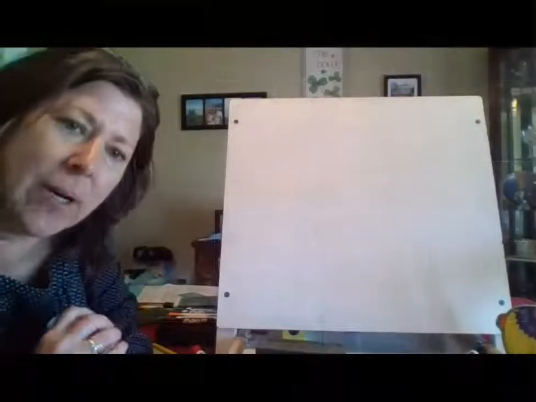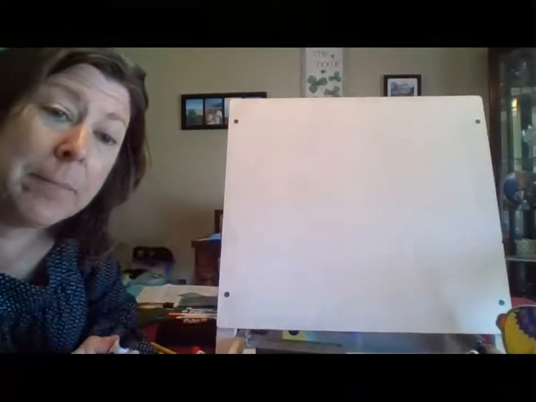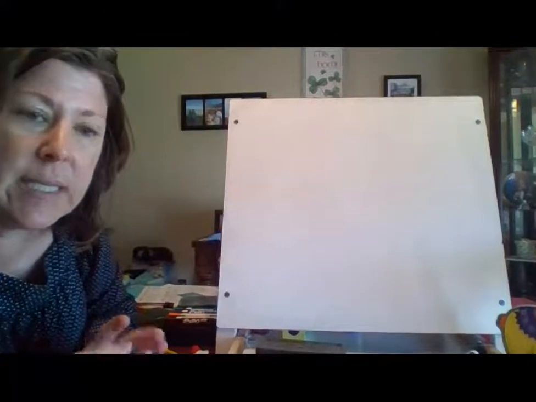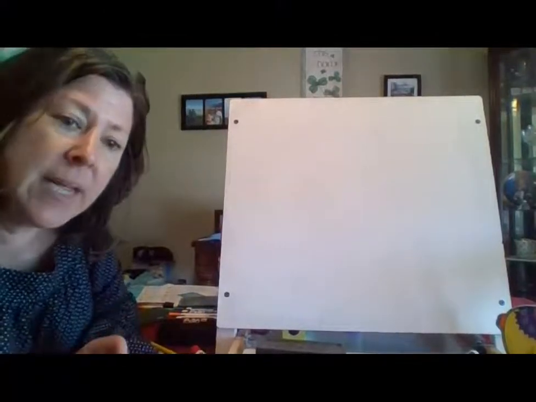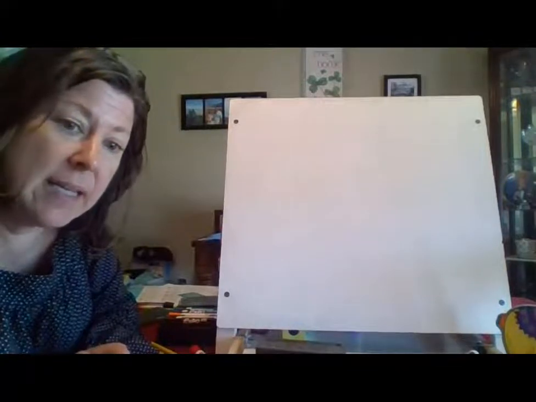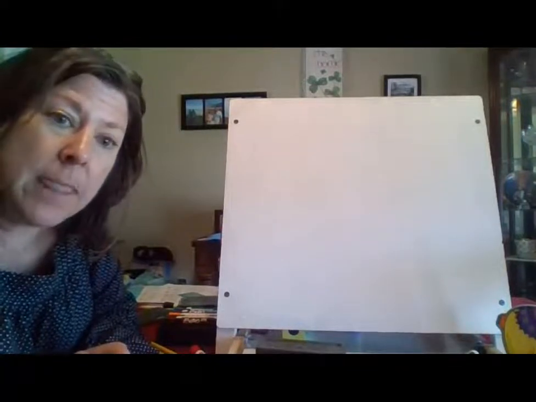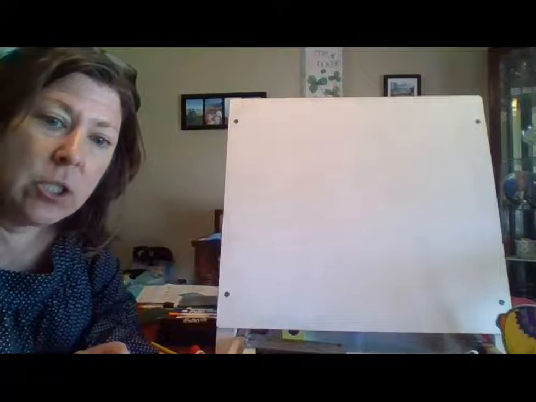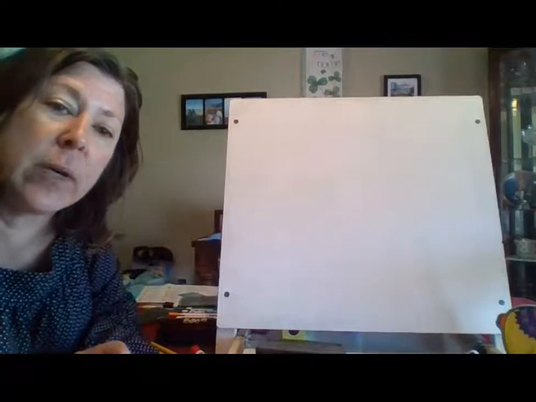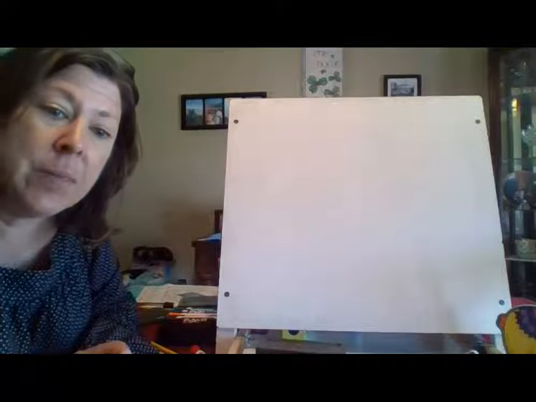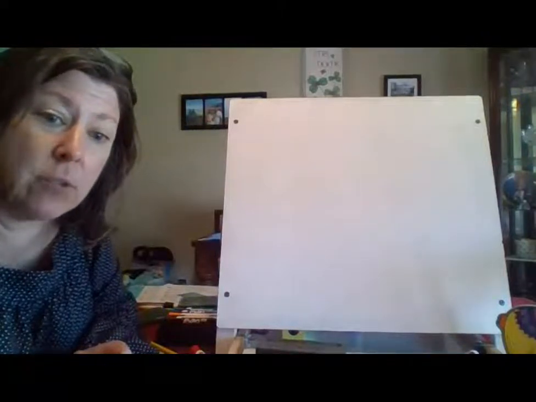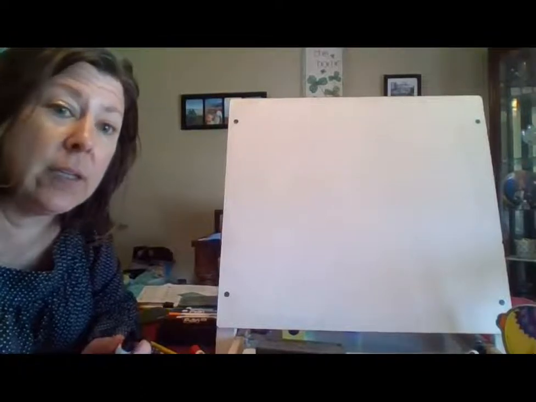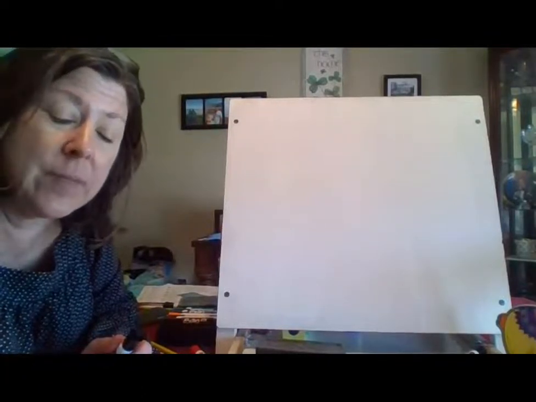So now we truly are using the whiteboard. What I want you to do is have your packet available, and look at lesson 1, and we're actually going to do number 3 together. Number 3 advises you to follow the directions to draw a figure in the box to the right.